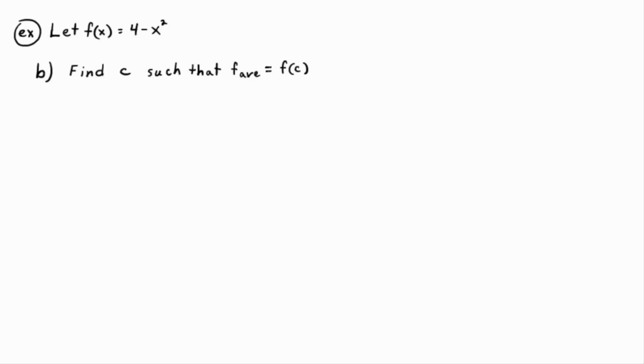Now in part B, you're asked to find C such that f average is equal to f of C. You're asked to find that C value. Okay, any ideas?